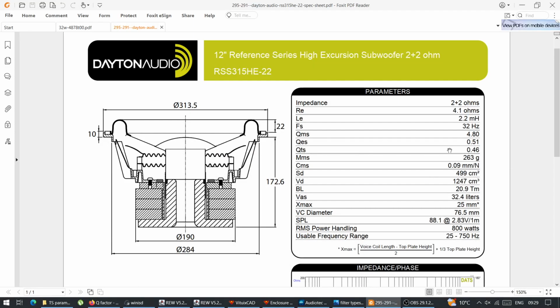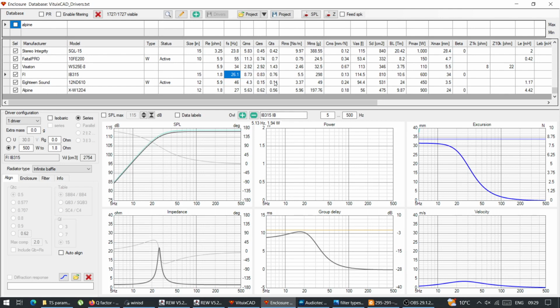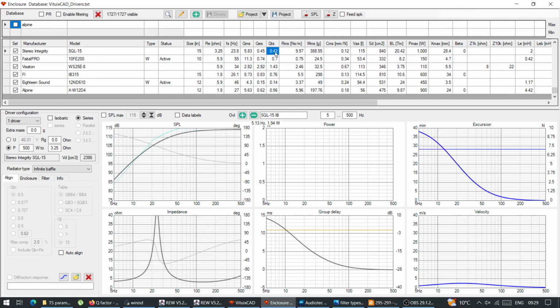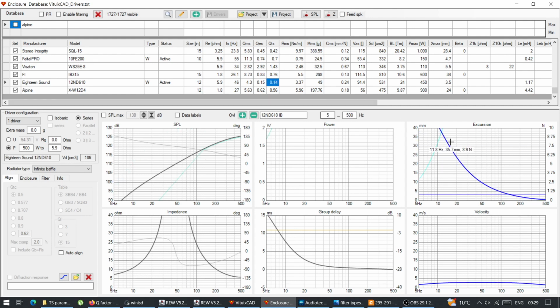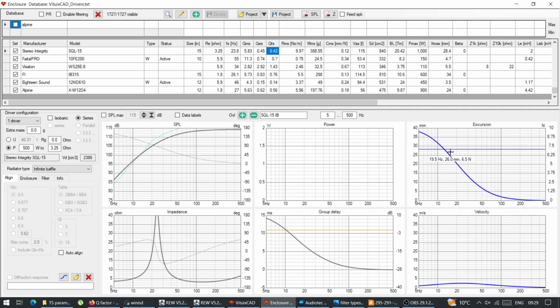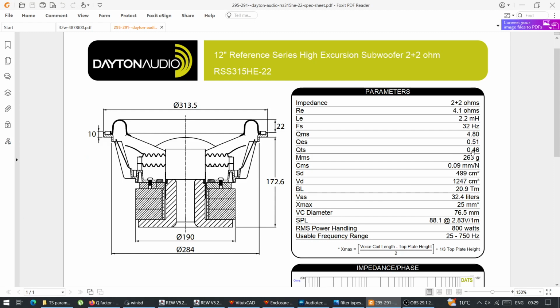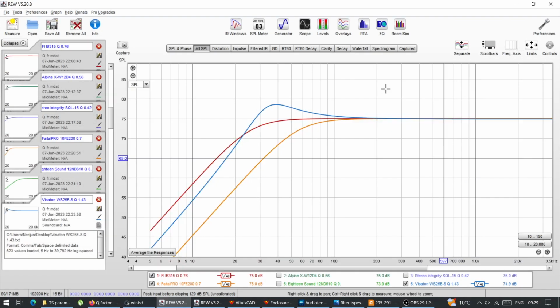So I know that this driver could work in IB or sealed, because it would manage its excursion. Again, if we go back to here, 0.46, so something similar to this, 0.42. And the excursion is kind of managed. It doesn't go out of control like this, but it goes like this. So for me, it was just fun to see how I can tie this Qts to something that you can actually see on the graph and how the driver actually performs.